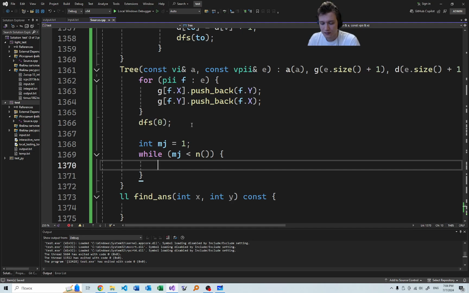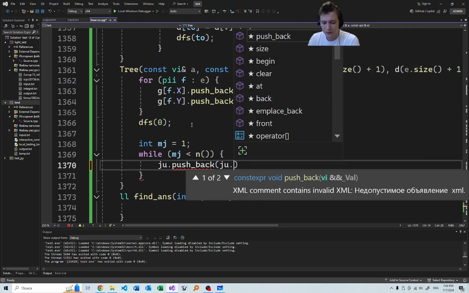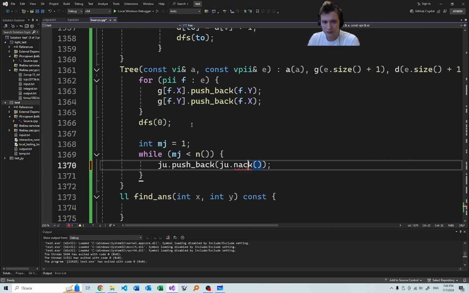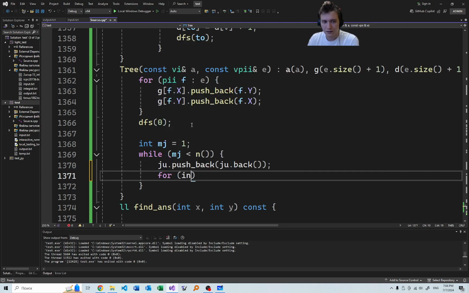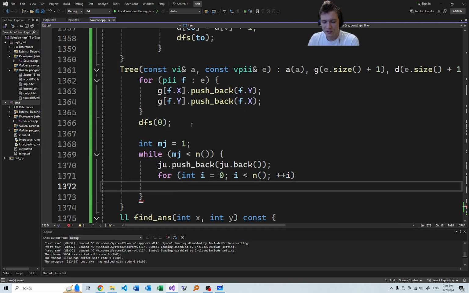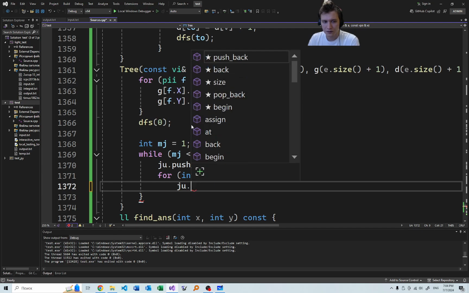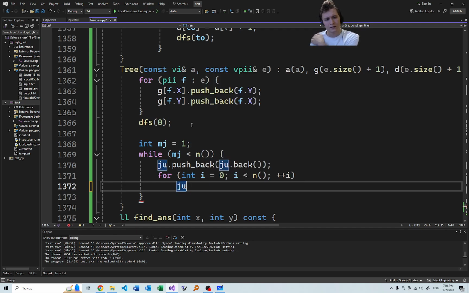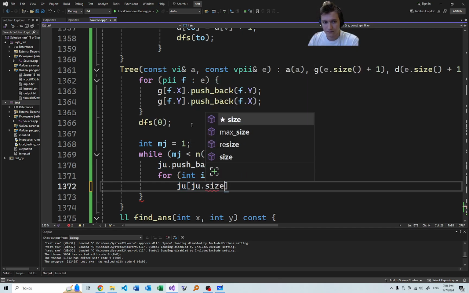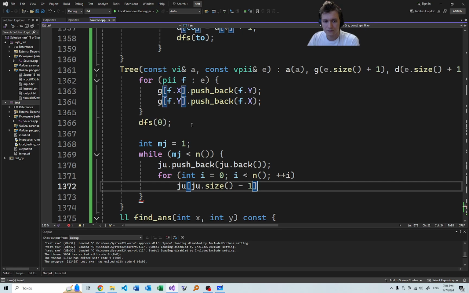We say that jump.push_back(jump.back()), and iterate over all vertices, and we say that jump.back of this is what?